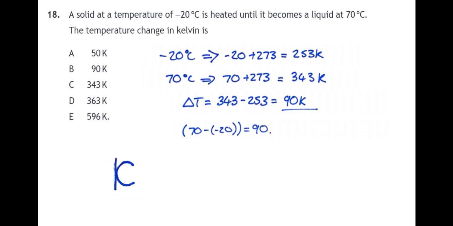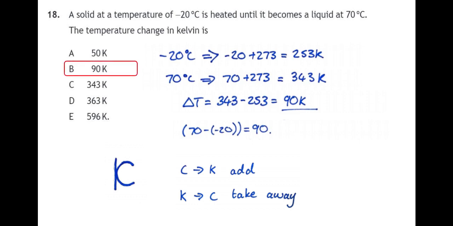If I want to go from that K back to a C again, I can delete that line. So I turn my C to a K by adding and go from a K to a C by subtracting. Adding to get to Kelvin, subtracting to get to Celsius. That's just a useful way of remembering. Anyway, the answer was B, 90 Kelvin.